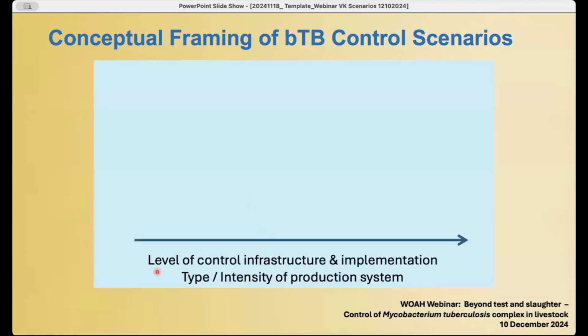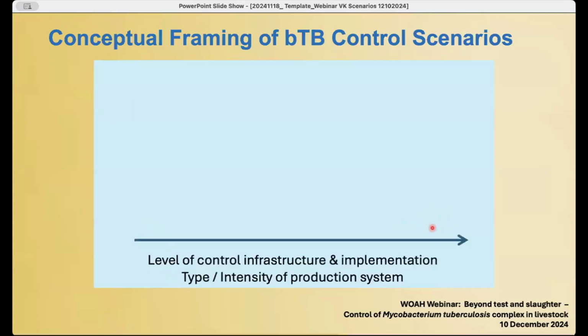On the x-axis, think about aligning different programs based on the level of existing control infrastructure, the veterinary services, as well as existing implementation programs. Is there a program? Is it well implemented? Where is it during the implementation cycle? And then also look at the type or intensity of production systems. Are these extensive systems or mostly intensive production systems?